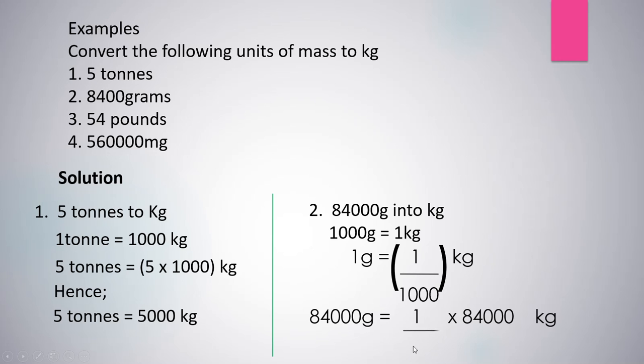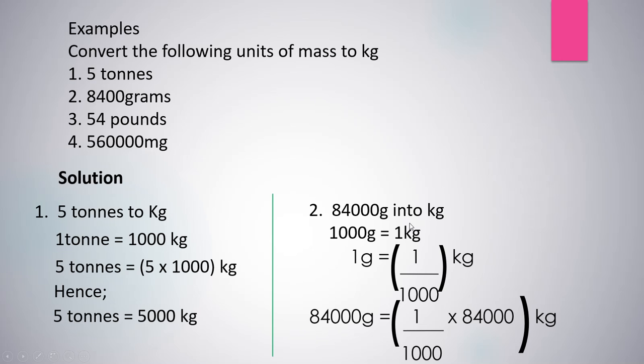So when you substitute 84,000, 1 over 1,000 times 84,000, and we shall get our answer. If you simplify this, you can get the answer. I have not calculated it out, but you can get it. But simply you can see that these zeros will cancel with this, and we shall have 84 kilograms.